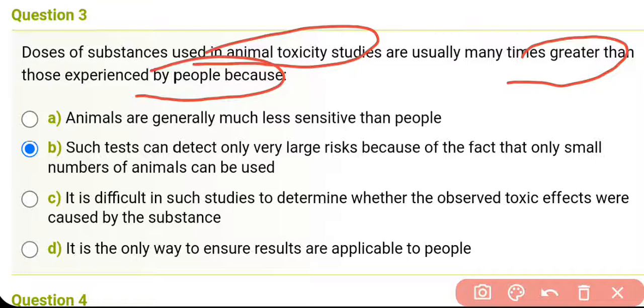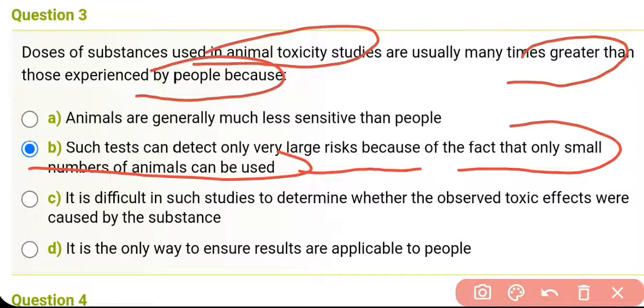The same study, if you do in the case of people, the effect is usually many times greater. The doses are greater because such tests can detect only very large risk, because only small numbers of animals can be used.